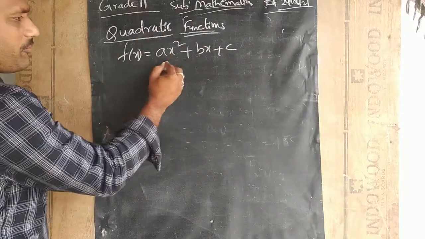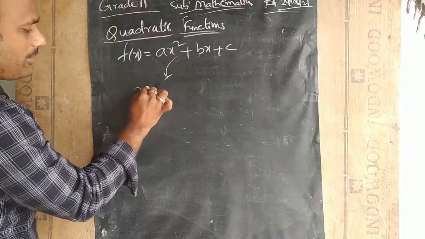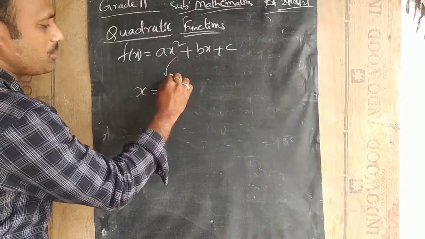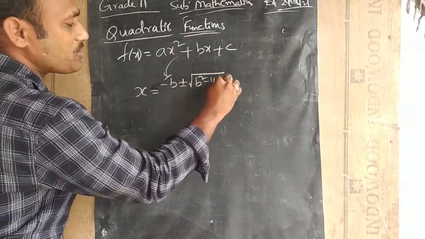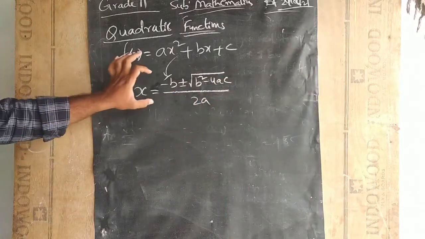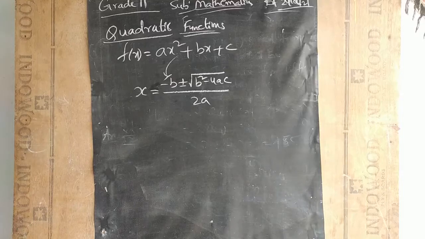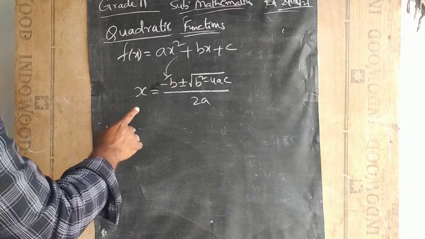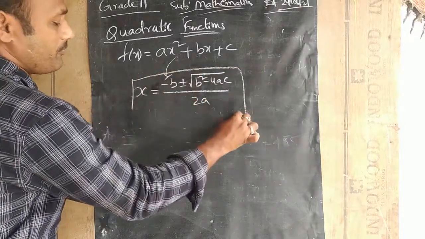If we do factorization, we get the formula x equals minus b plus or minus root of b square minus 4ac by 2a. To find the roots of the quadratic equation, we will be using this formula.